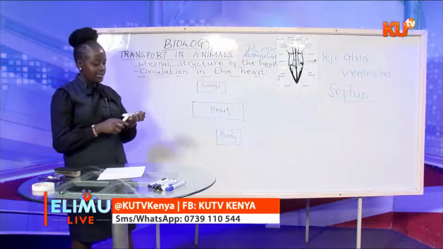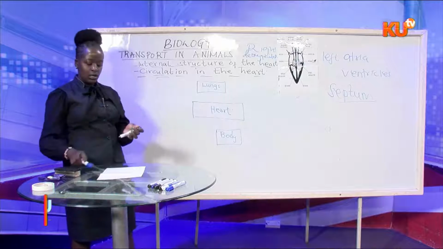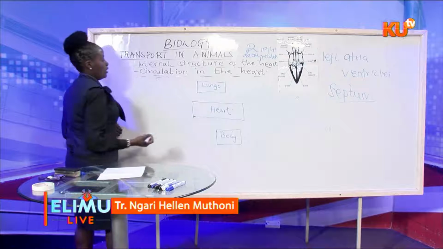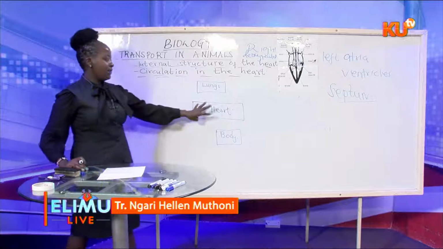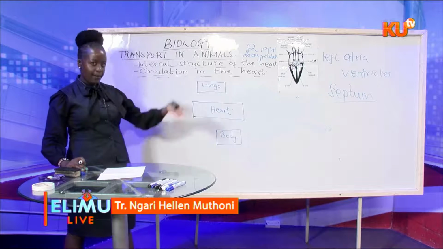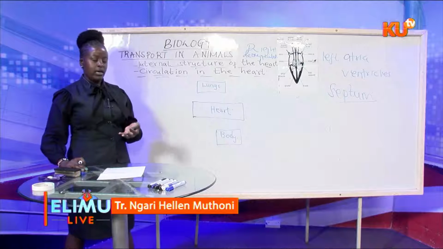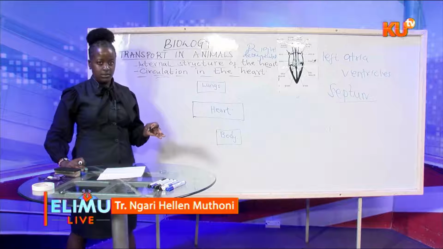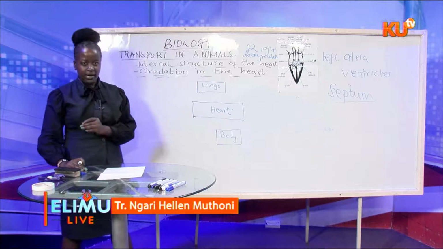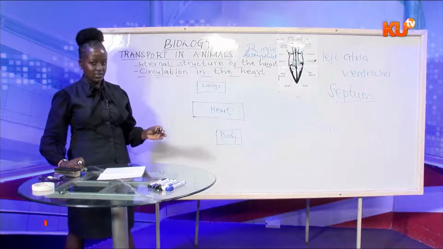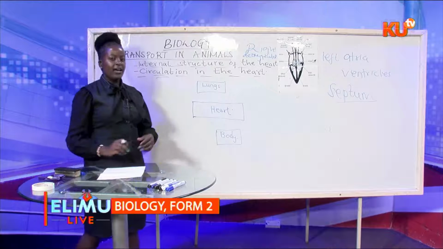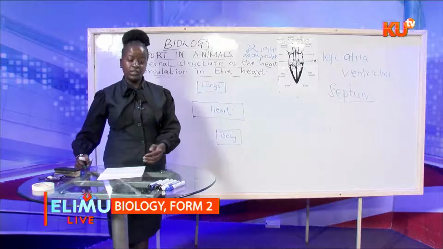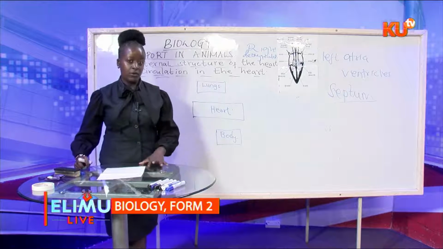So from the heart, we see that the heart is the main structure that will pump all the blood. I remind you, oxygenated blood contains oxygen. Deoxygenated blood lacks oxygen. Now, after the cells have used oxygen, they usually give out carbon dioxide.